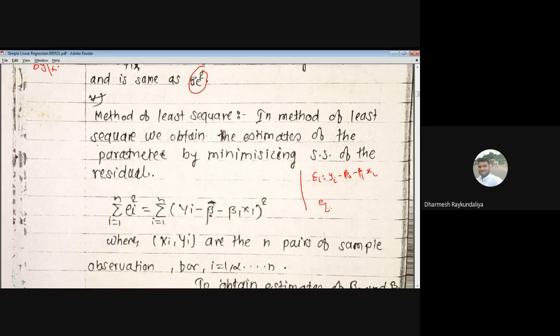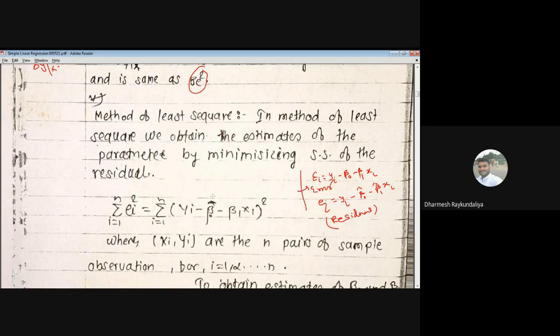Residual is the observed minus the estimated value, where you replace beta 0 by beta 0 cap and beta 1 by beta 1 cap. So this is called the residual, and this is called the error.